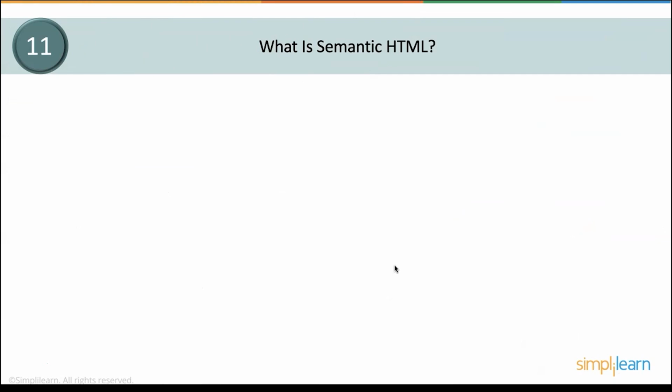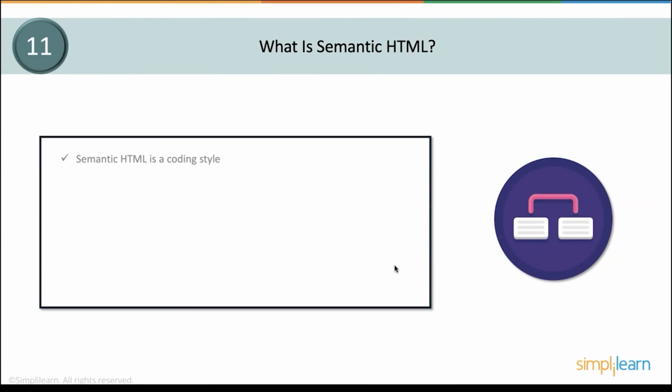So the next is, what is semantic HTML? See, semantics are nothing but another coding style. When you talk about semantics, they are basically reinforcing the meaning of the contents. Typically you have seen we are using div and span tags, but the div and span tags really don't make sense to us as an HTML reviewer unless I go inside those and get to know what they're really doing.